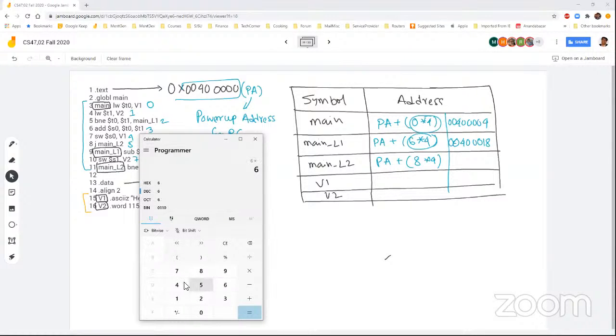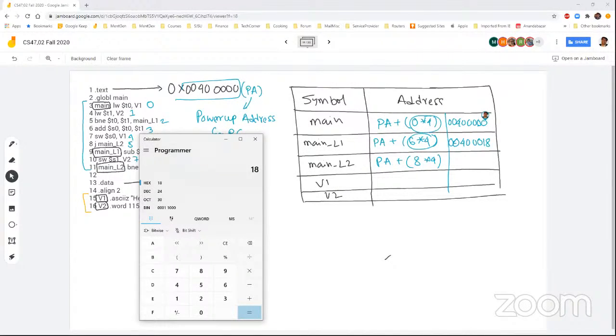Professor, for the main, how do you get 00400004 if you're adding 0 times 4? Oh, thank you very much. Yeah, that's a mistake. So that would be 00.